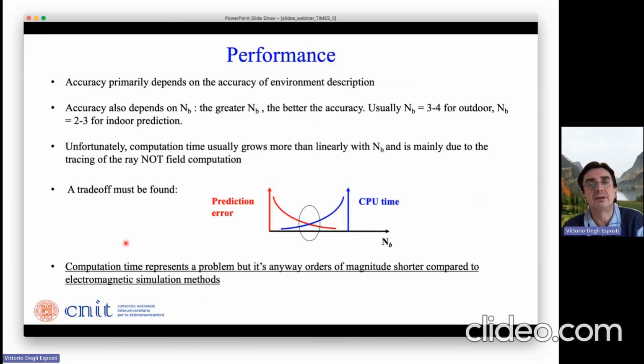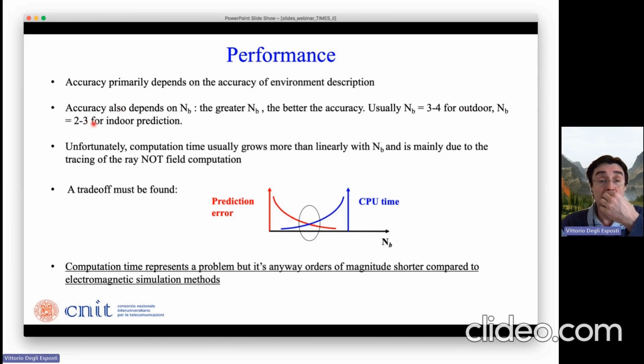Performance depends on the accuracy of environment description, of course, but also on NB, the number of bounces. The greater NB, the larger the number of rays, the better the accuracy. Usually 3 or 4 is enough for outdoor prediction, while 2 or 3 for indoor.